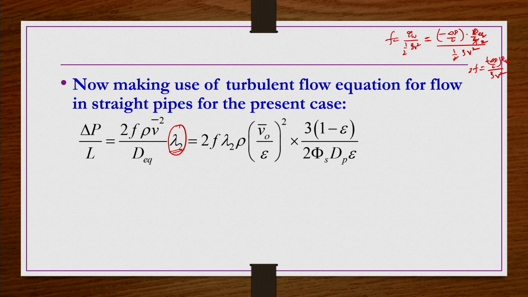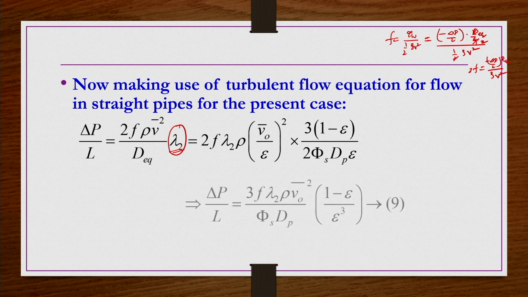So, if you rearrange this equation, you have 2 f lambda 2 rho. In place of V bar, we can write V naught bar divided by epsilon, whole square, and then in place of D equivalent, you can write 2 by 3 pi s dp epsilon by 1 minus epsilon. So, you put it here, substitute and then simplify it.